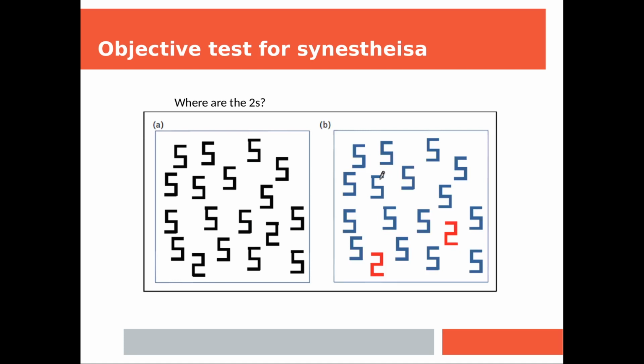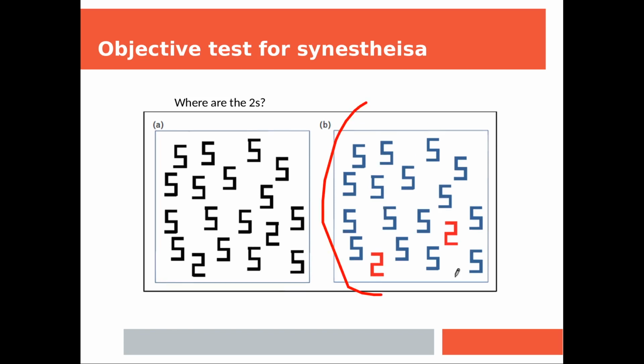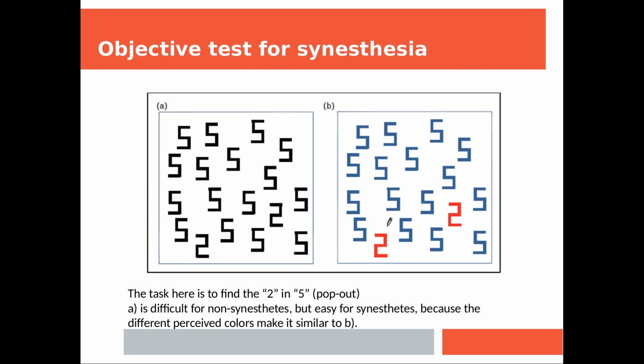But for someone who's synesthetic, who experiences letters and numbers as colors, it might basically look like this. The perceptions might be immediately accessible as colors, and they can just quickly pick out the twos, which I can do if you actually change the colors, right? We'll talk about this phenomenon in the next class on attention, called visual pop-out.